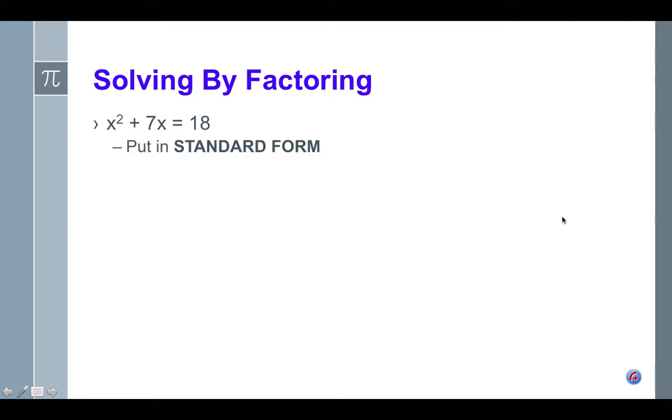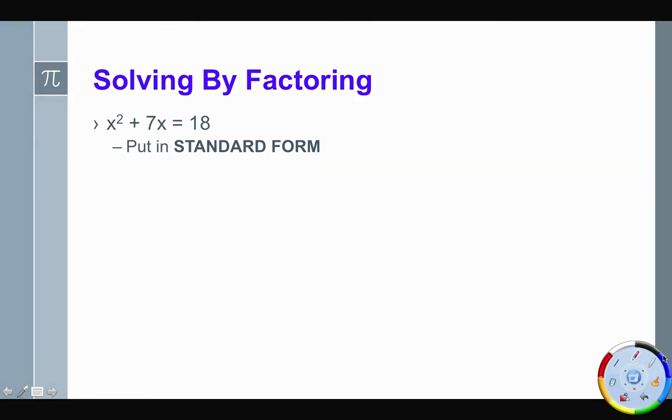So we're going to put the equation in standard form. So let's do that first. Putting it in standard form means getting everything on one side and setting it equal to 0. If you recall, standard form is ax squared plus bx plus c equals 0. And that should be somewhere in your memory banks from the vocabulary that we did before.